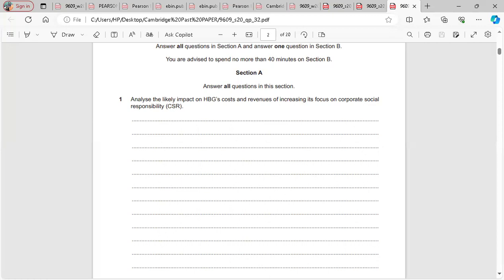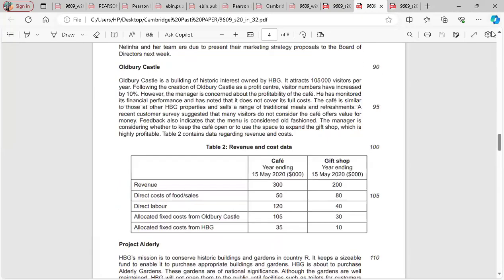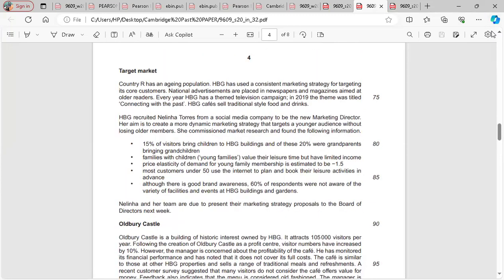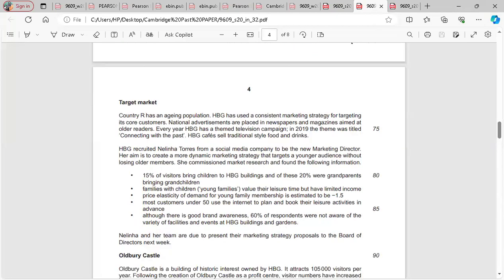One, access to disabled. So based on the corporate social responsibility, when we go back to the case study, go down to the target market. They said country R has an aging population. HBG has used a consistent marketing strategy for targeting its core customers. They said 50% of visitors bring children to HBG buildings, and of these 20% are grandparents bringing grandchildren.